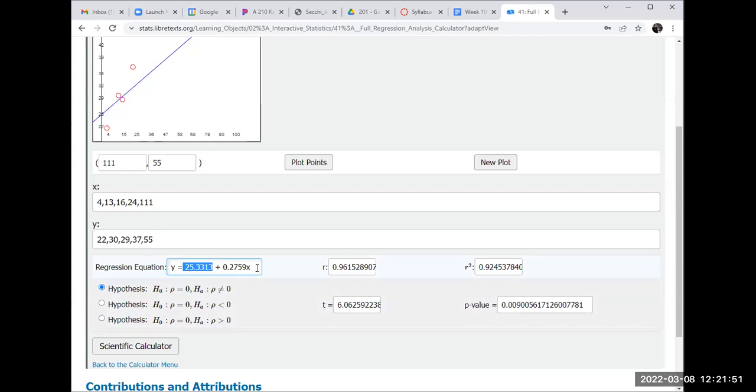So the next thing we have here is R. R is called the correlation. As I showed you a little bit ago, R is always a number between -1 and 1. In this case, it's 0.96. If R is close to 1, that means you have a strong positive correlation between the two numbers, which shouldn't be too surprising.